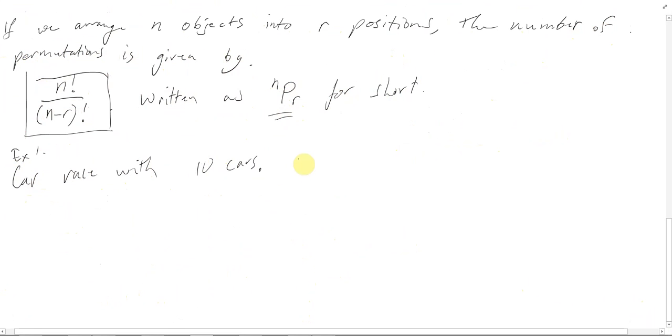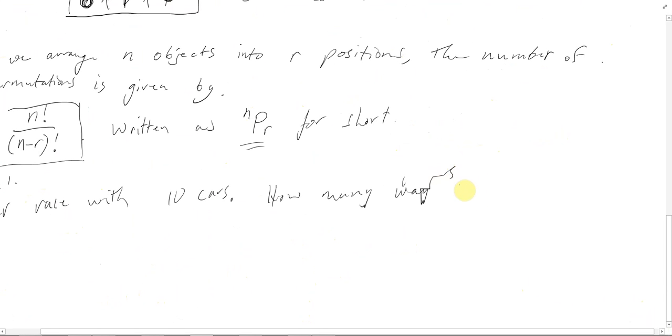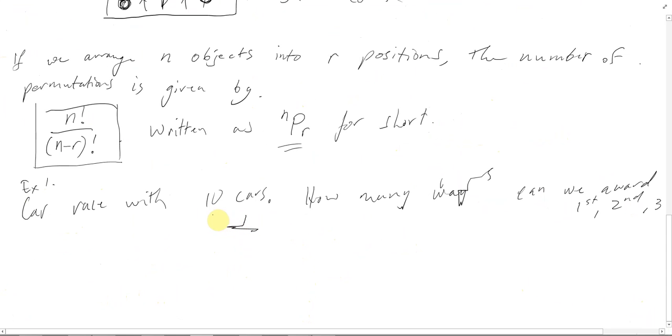How many ways can we award first, second, and third? Okay, so here in this example we have n is 10, because our number of objects is 10 cars, and our r is 3 because we have 3 positions. They could be first, second, and third.